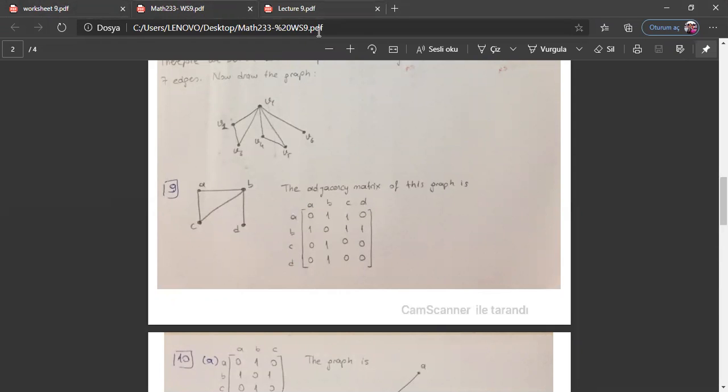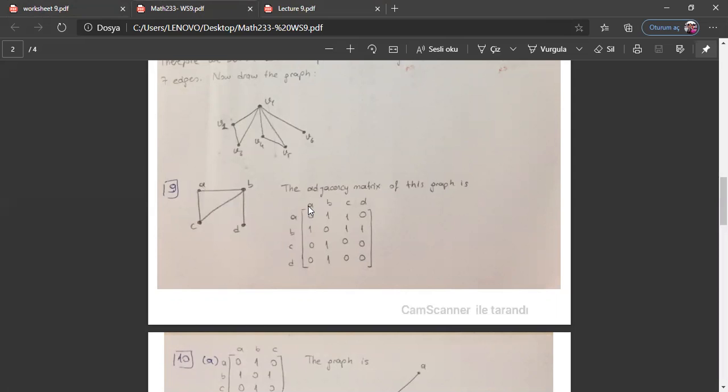After writing these vertices, we need to check if we have an edge or not. For example, between A and A, do we have an edge? If we have an edge, if we write here 1, then it means we have a loop there. So as we don't have a loop, we write 0.